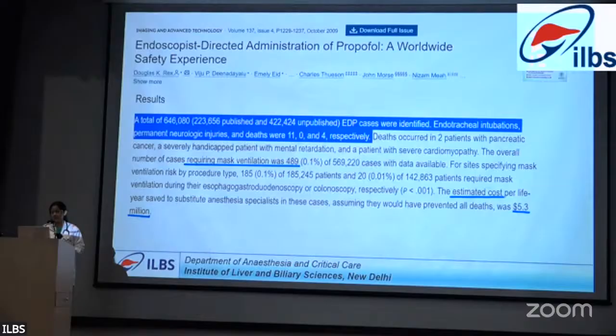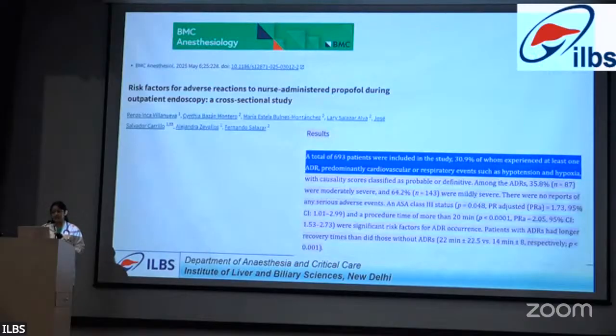So, though it was found to be cost effective if done by the nurse, the adverse effects were as high as 30.9% if given by the nurse, and it should always be done under anesthesia concern. Complications accounted for cardiovascular and respiratory events.